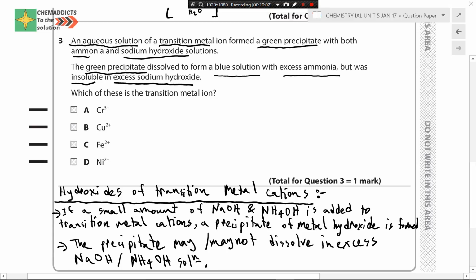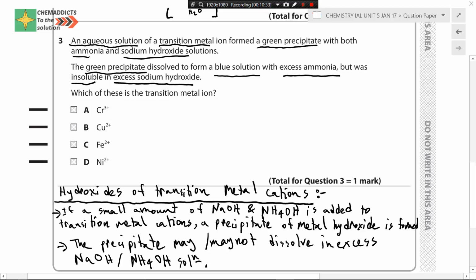So in here, what we were discussing. At first we have formed a green precipitate, then we add excess ammonia and excess sodium hydroxide solution to this green precipitate, and we have observed that this green precipitate dissolves in excess ammonia but not in sodium hydroxide.